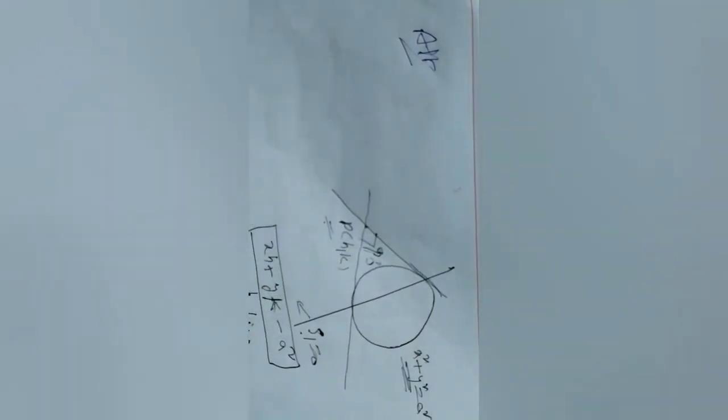What is the condition given? The angle between the tangents is 90 degrees. Whenever the angle between the tangents is given, we can write the combined equation of the pair of lines by homogenization.